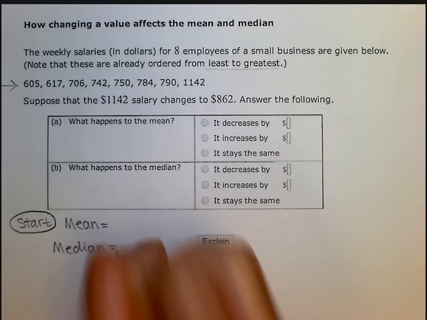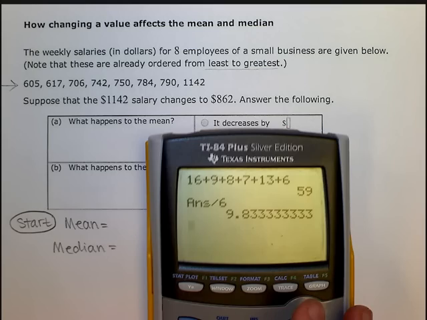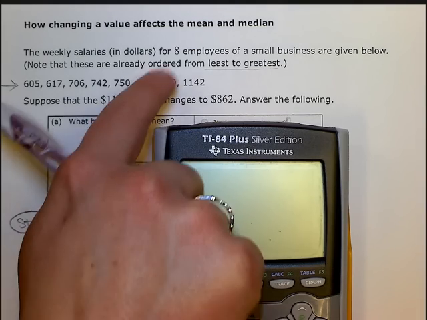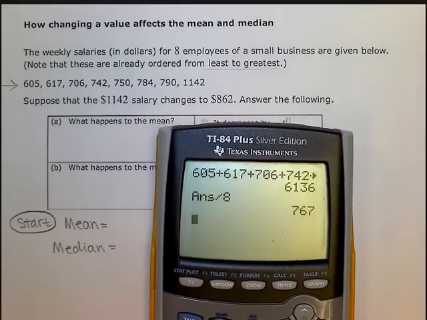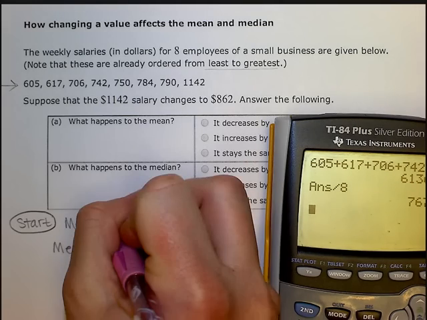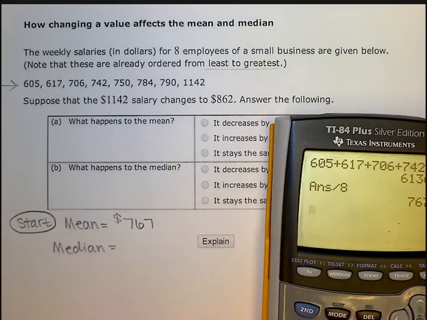Now the mean is the average, which means I'm going to add all these up and divide by 8, because that's how many there are. I get a big number and divide it by the 8 employees. So the mean is $767.